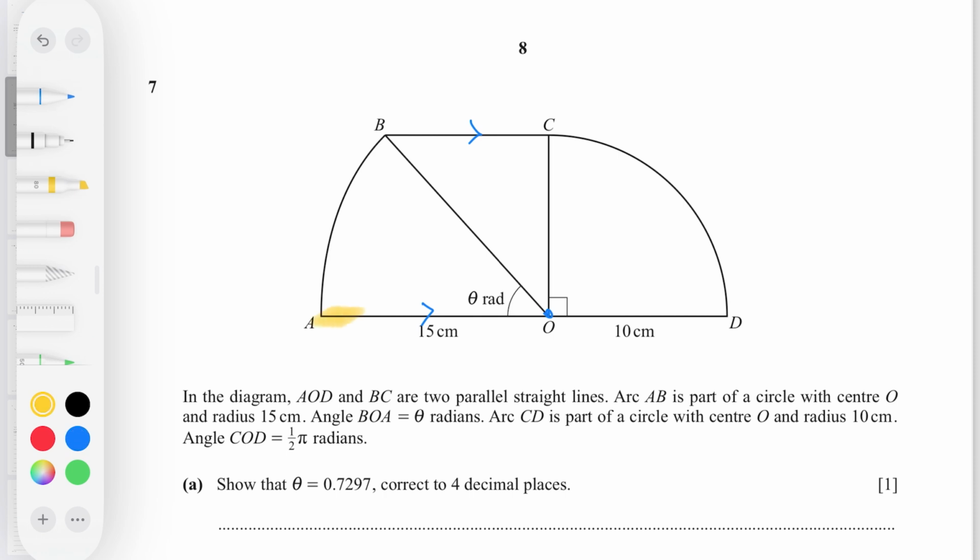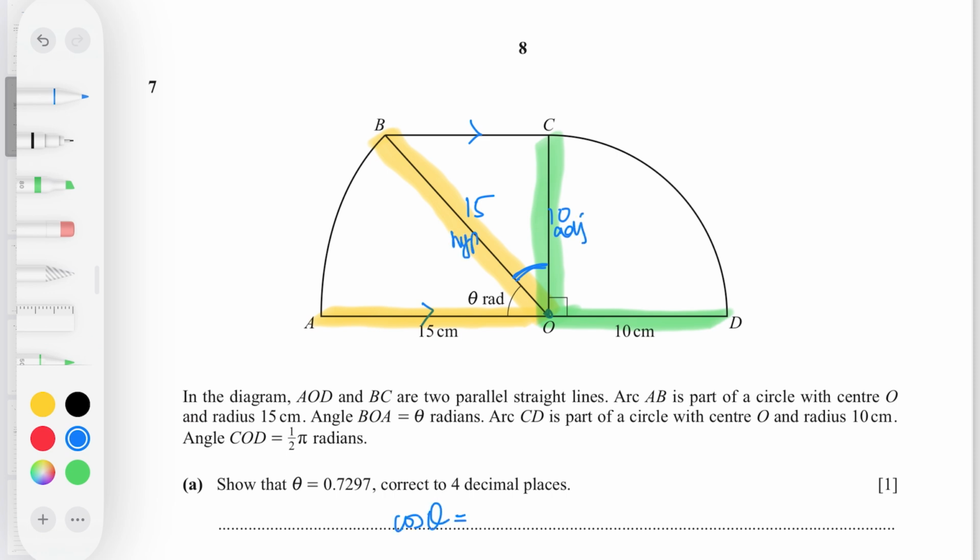So, if this is the radius, this will also be the radius with value 15. If this is the radius, this will also be the radius with value 10. Now, with respect to this angle, this is adjacent and this is hypotenuse. Let's do cos inverse.